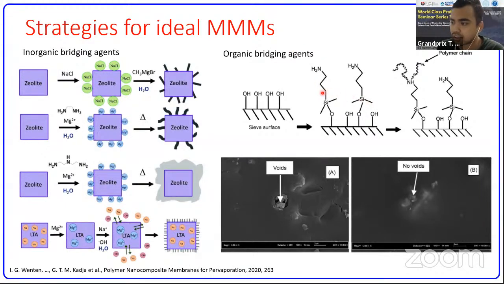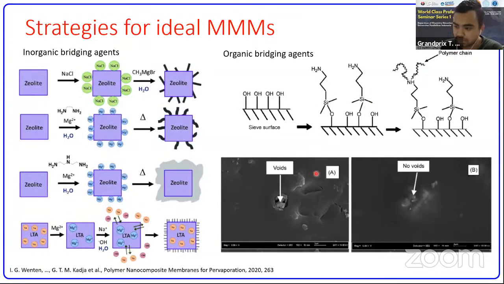The silane will react with the terminal silanol to form a new siloxane bond. It will form new covalent bonds between the bridge and the inorganic phase, and the alkyl groups will interact with the polymer chain.